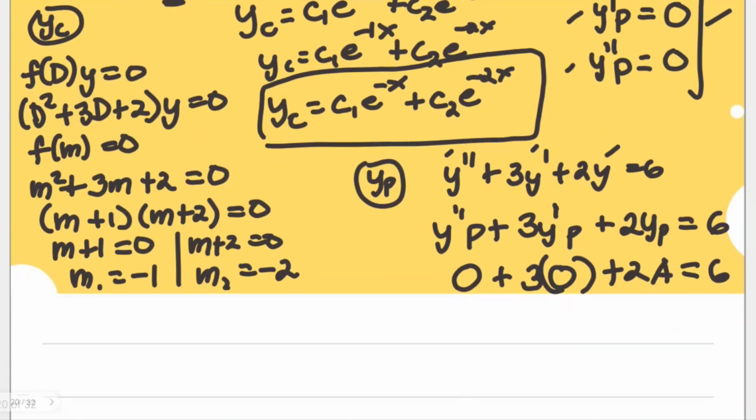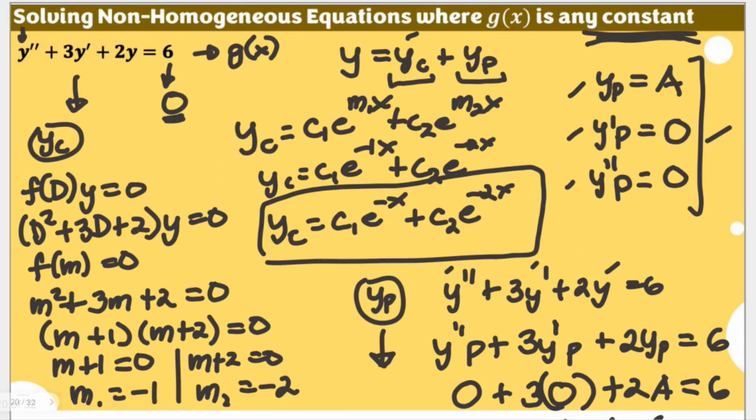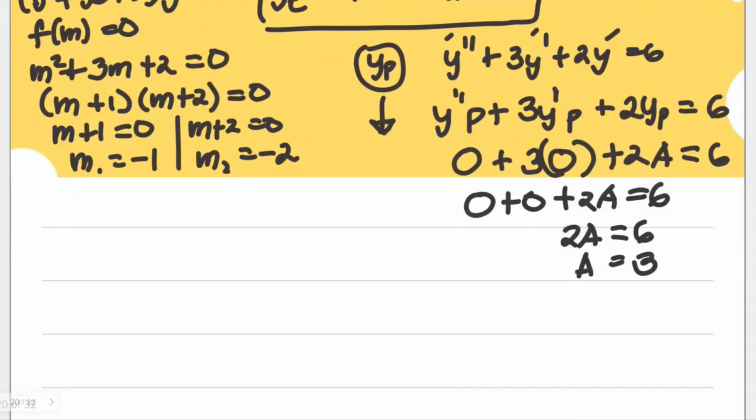So this is 0 plus 0 plus 2A equal to 6. So 2A is equal to 6. A is 3. Now that we have our value of A and we don't have other variables here, what was our y sub p earlier? Based on our table, our y sub p is just equal to A, and since A is equal to 3, y sub p is just equal to 3 as well.